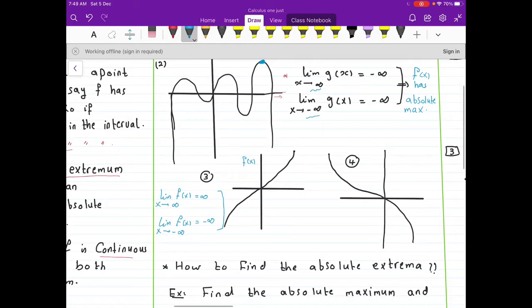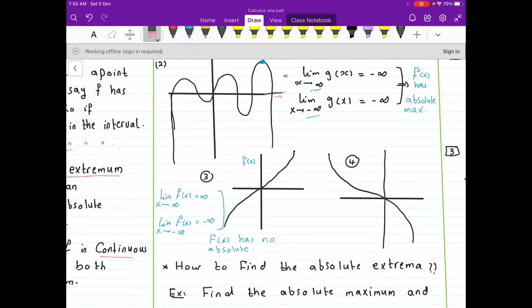No. The behavior of the function goes once to infinity and once to minus infinity, so we conclude that f of x has no absolute max or minimum. The same for number 4: the limit as x approaches infinity goes to minus infinity, and at minus infinity it goes to infinity, so it has no absolute max or minimum, but it may have local ones.